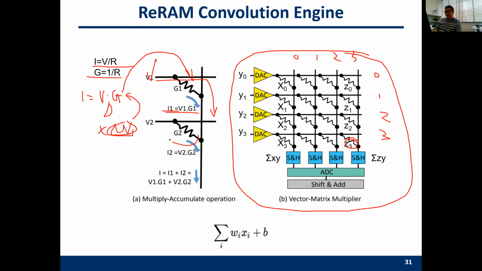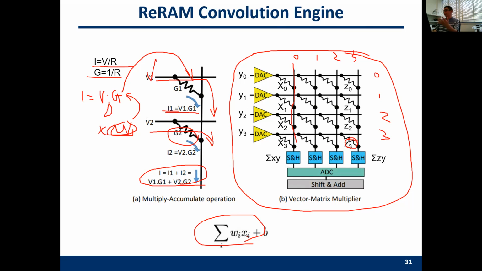I can do the same thing for this one. This is another copy of X and W. Because the current will merge on this vertical line, I have the accumulation here. So by this vertical line, I can do at least 4 merges. In this way, I can calculate this. And of course, everything here is analog.